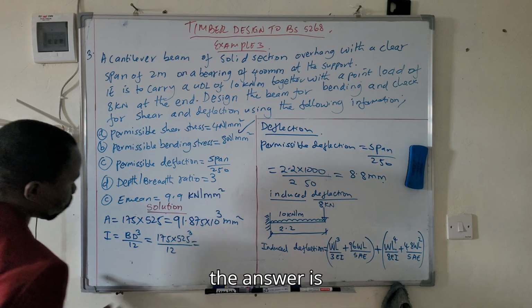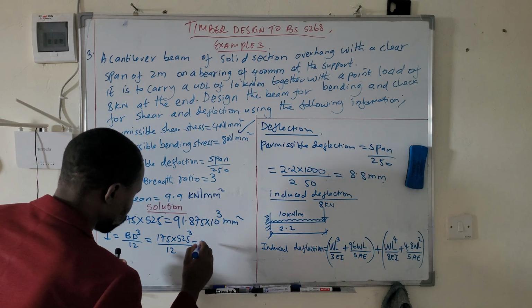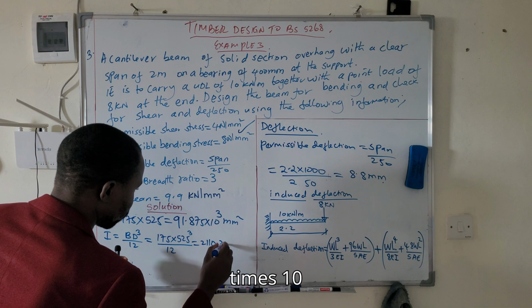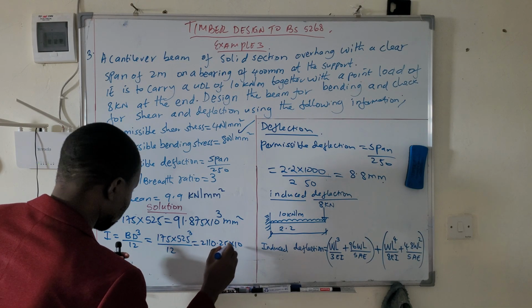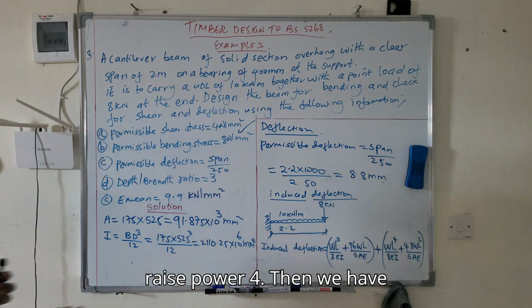So the answer is 2110.25 times 10 raised to power 6 millimeter raised to power 4.